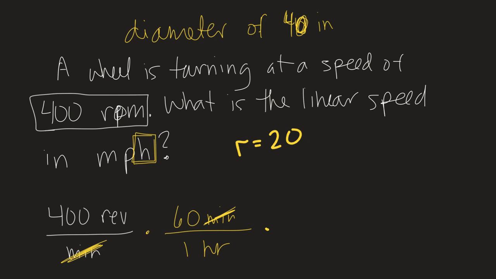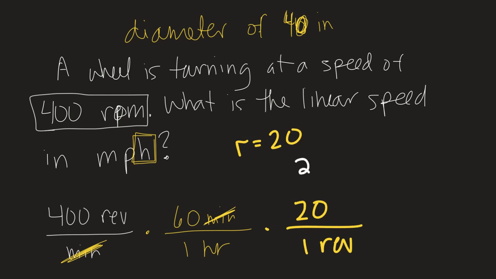So revolutions, and we want to choose to, oh, we need to get rid of what's next. 20 inches per 1 revolution. Right? Nope, that's not right. 1 revolution is all the way around your circle, which is a circumference problem.